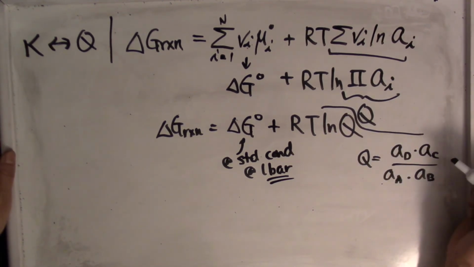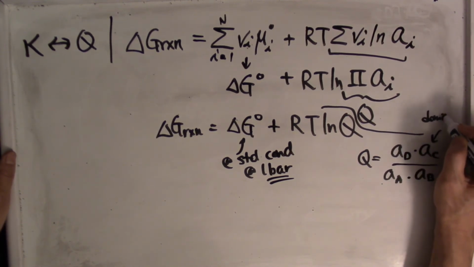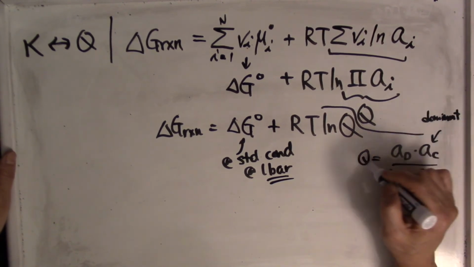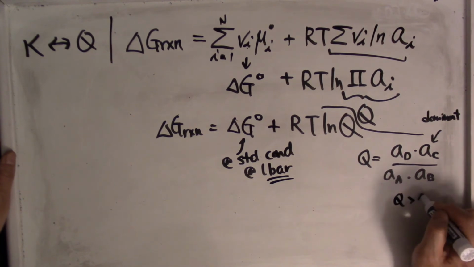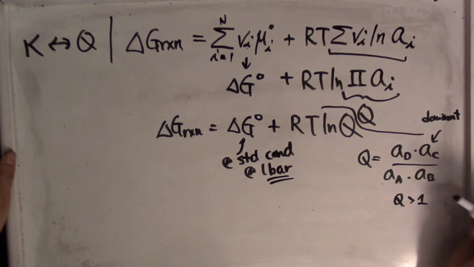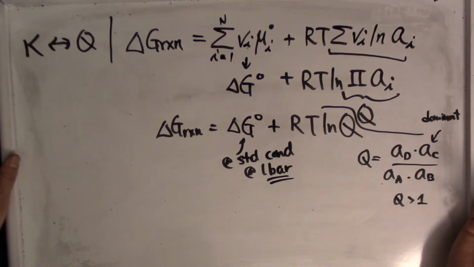If you have lots and lots of product, so this side is dominant, then Q is going to be greater than 1. But is the natural log of something greater than 1 negative or positive? I don't know. What do you think?